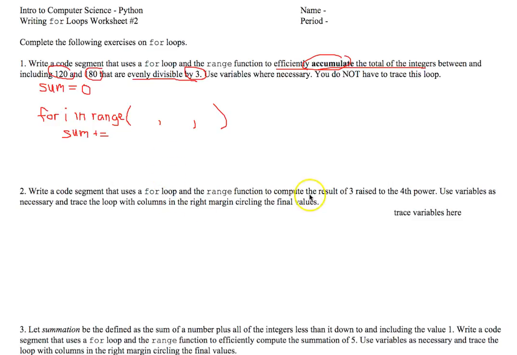Number 2, there was help. Well, there was a related exercise on tracing while loop worksheet number 1, exercise number 6, that helped you, I seem to remember, compute 2 to the 4th power, or maybe it was the 2 to the 5th power. So there was code that did not use the math.pow function that's built into Python, but I used a while loop to raise a number to an exponent.